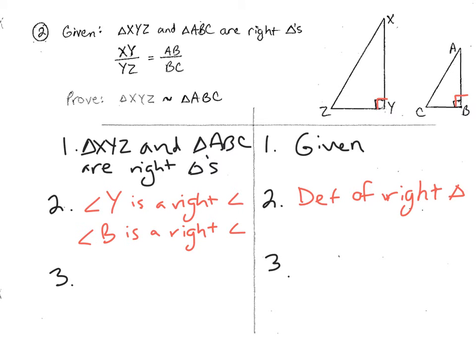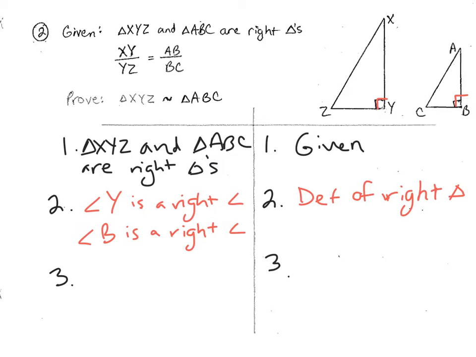So we have two choices right now. If you remember your right angle theorem, that allows us to say that angle Y is congruent to angle B right now. If you don't remember that, or you don't like to use that, then you would need to say that the measure of angle Y is 90 degrees and the measure of angle B is 90 degrees.